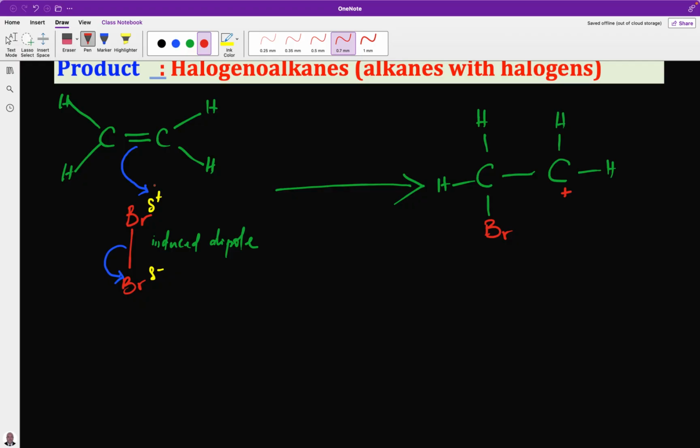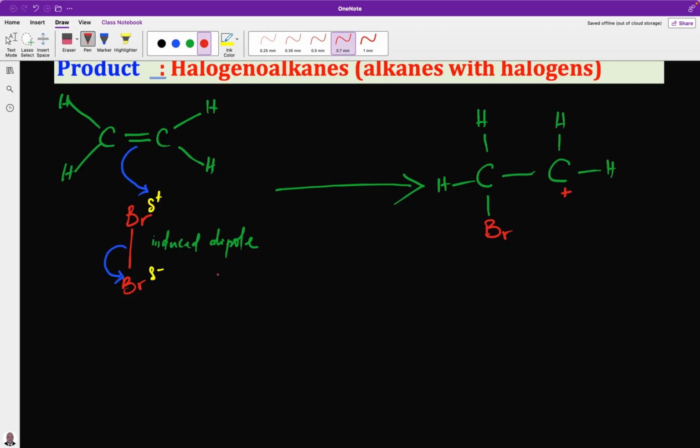The cloud of high electron density of the pi electrons will induce a dipole on the bromine molecule, and this dipole is instantaneous. When a dipole is induced here, this end acquires a partial positive. Meanwhile, this one here acquires a partial negative.